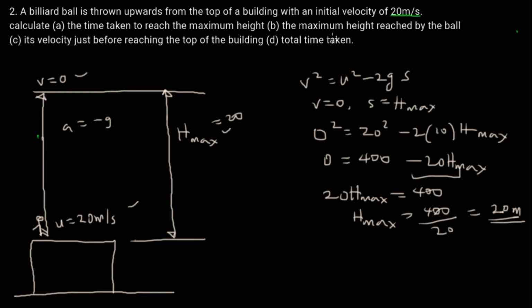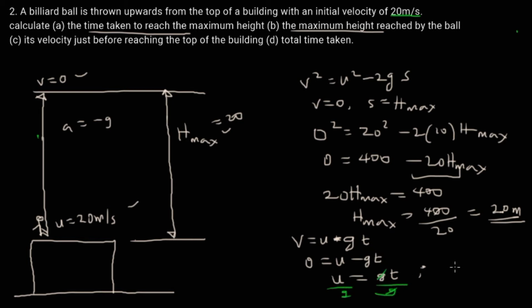That is the maximum height. We can also find the time taken to reach the maximum height. Remember that v is equal to u minus gt. So for a body thrown vertically upward, v equals 0, so 0 equals u minus gt. So it implies that u is equal to gt. So we can find t simply by dividing both sides by g.